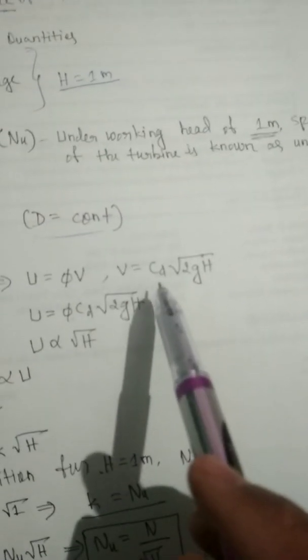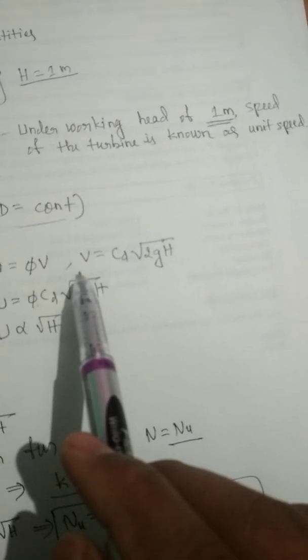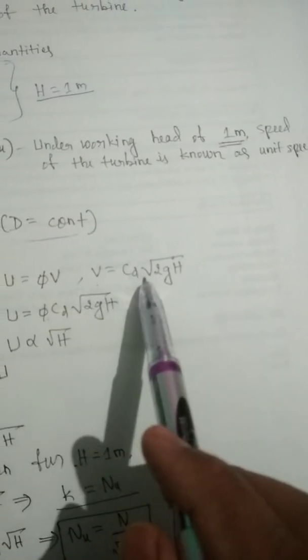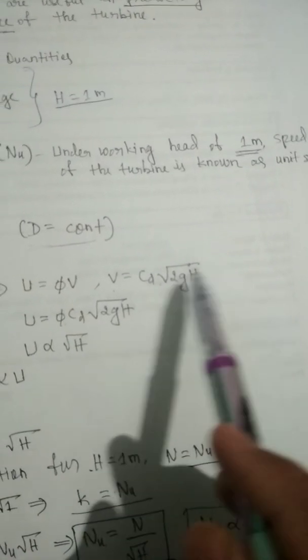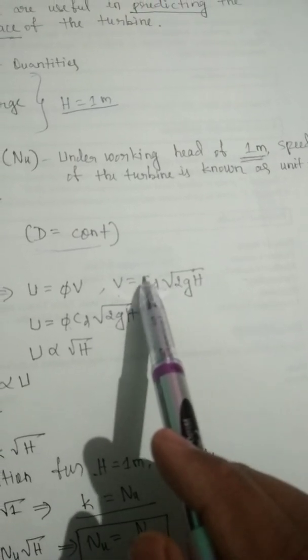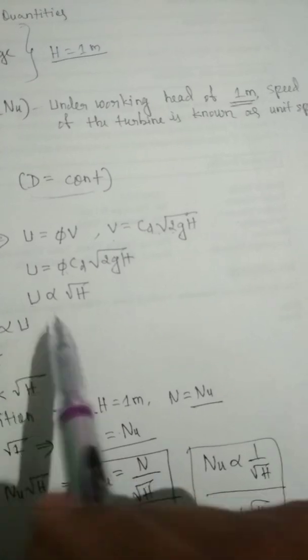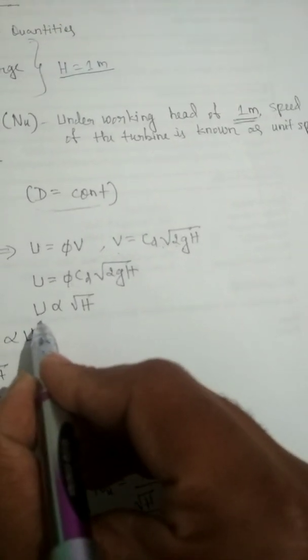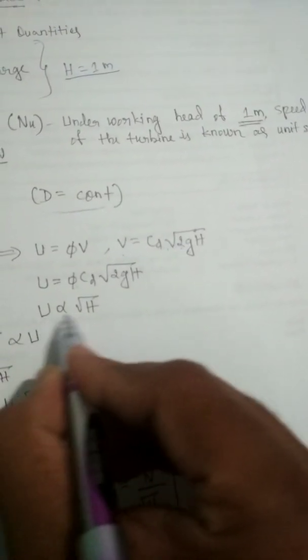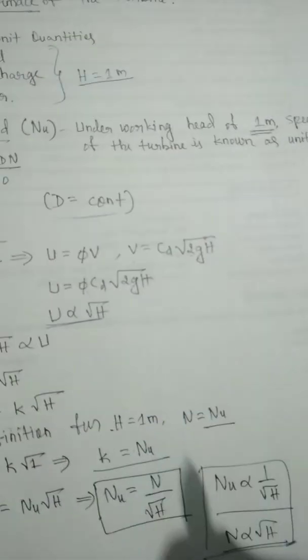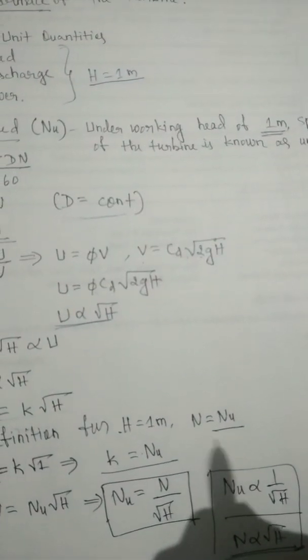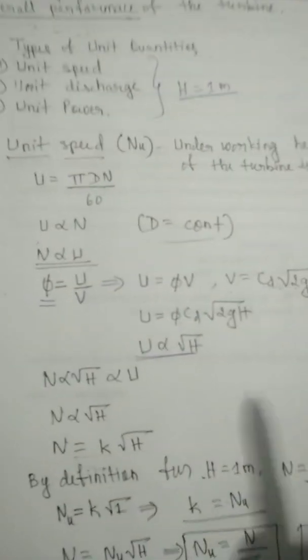We know that absolute velocity v is equal to cd into square root of 2gh. Again eliminating the constants cd, 2 and g, we get v is directly proportional to square root of h, or u is directly proportional to square root of h. So this approach is carried out by eliminating all the constants.